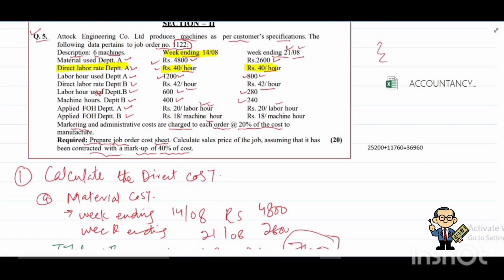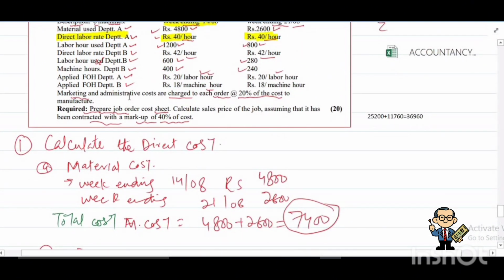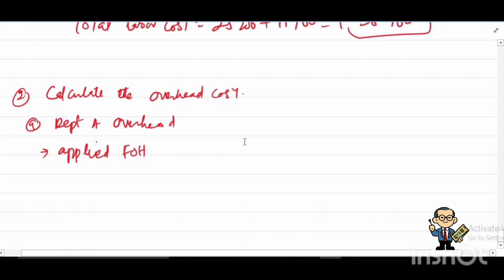Remember, this is the department A fixed overhead, and we are using the labor hour, with a rate of 20 rupees.